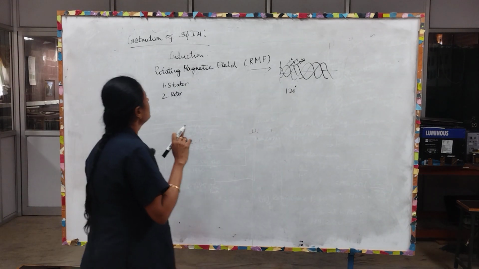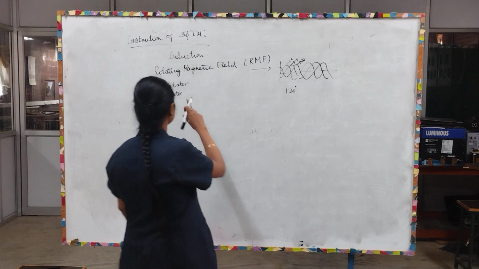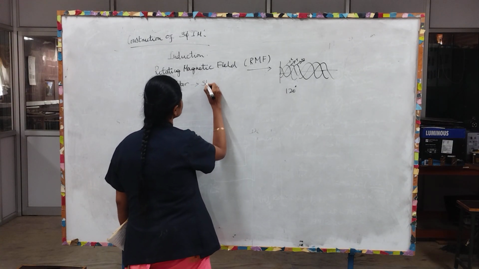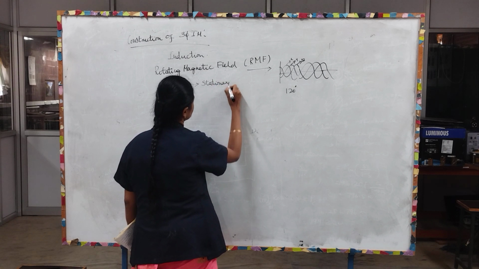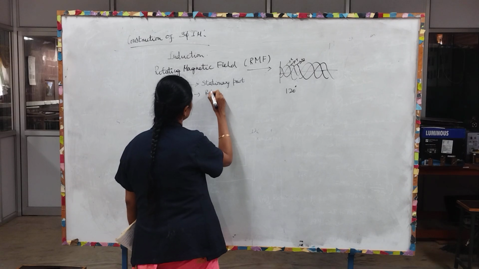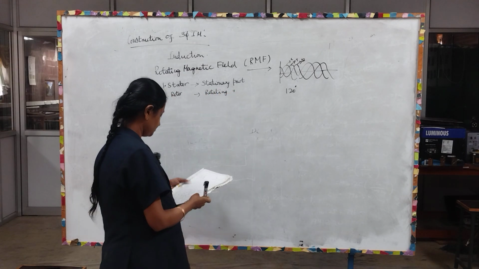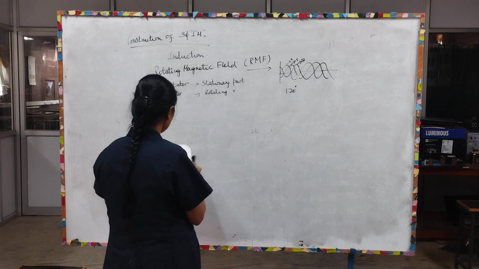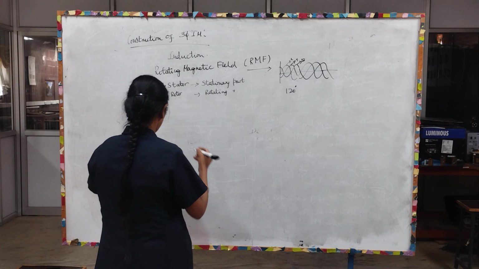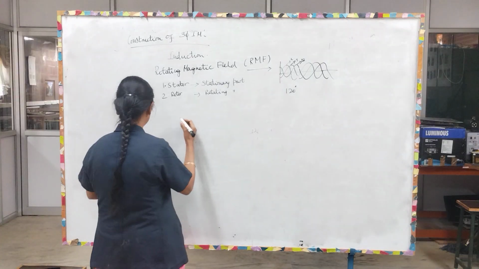And regarding the construction, we have to discuss the stator as well as the rotor. The stator is the stationary part, and the rotor is the rotating part. In general, the stator may be either star connected or delta connected.